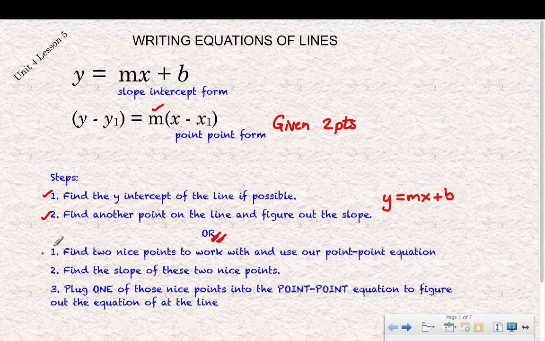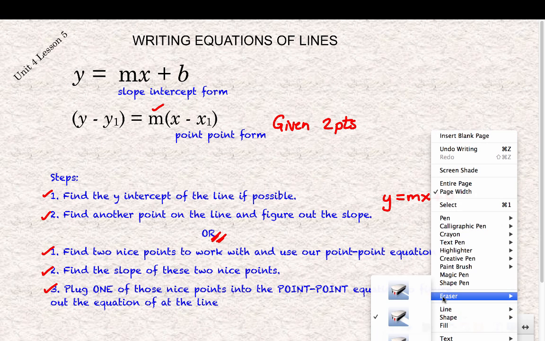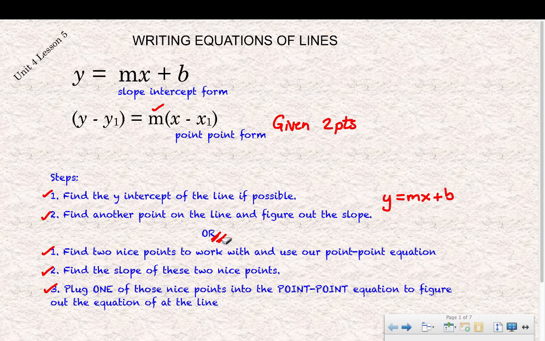So in that case, we would find 2 nice points on the line so that we can apply that to our point-point equation. We find the slope between those 2 nice points, and then we use one of those points to help us write the equation of a line. Don't worry, we're going to go over it all, but really take your time and write this all down.